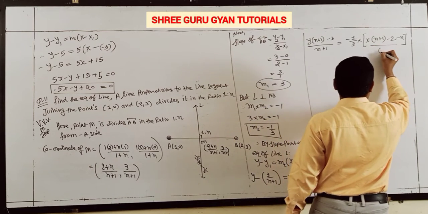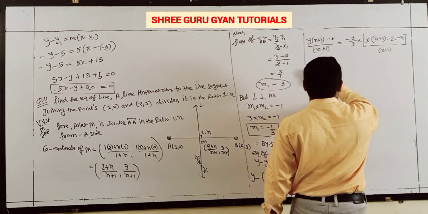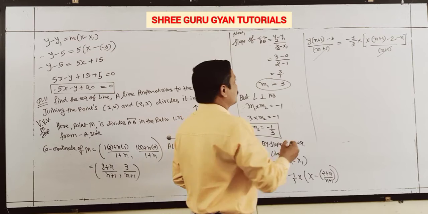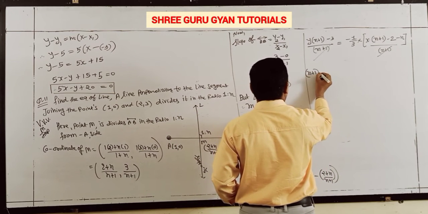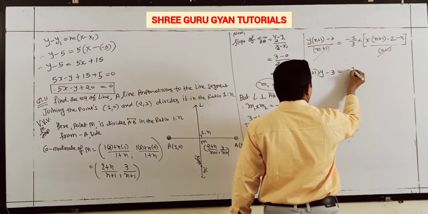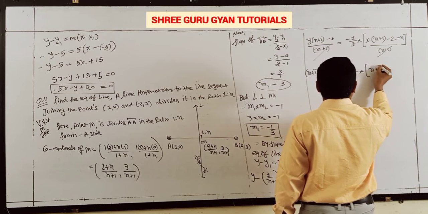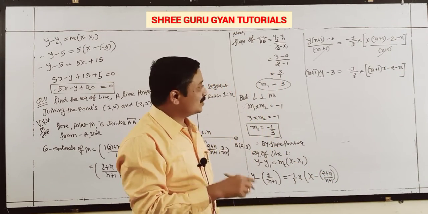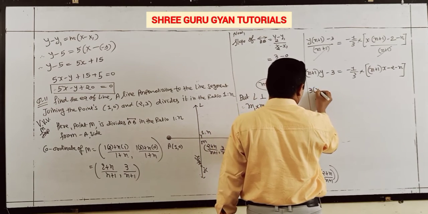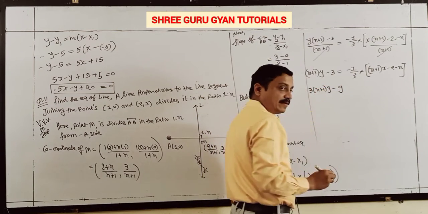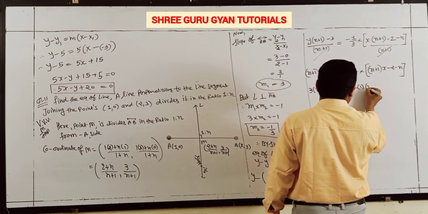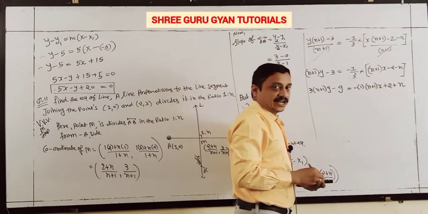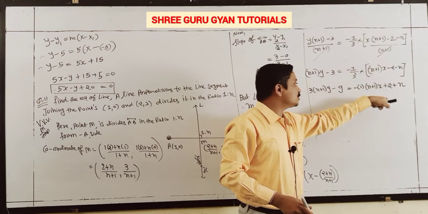The LCM becomes the same, so the n plus 1 can be cut from both sides, and now rearrange. So n plus 1 y minus 3 equals minus 1/3 times n plus 1 x minus 2 minus n. Now students, multiply 3 upside, so 3 times n plus 1 into y, 3 3s are 9, equals minus 1 times n plus 1 into x plus 2 plus n. Again I check: minus 1 with n plus 1 x plus 2 plus n.